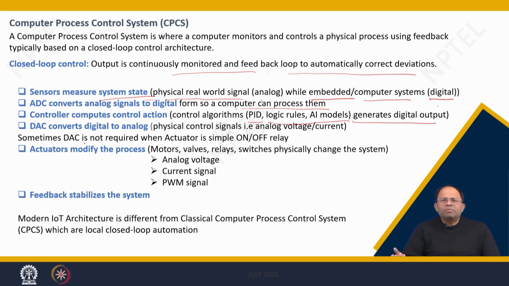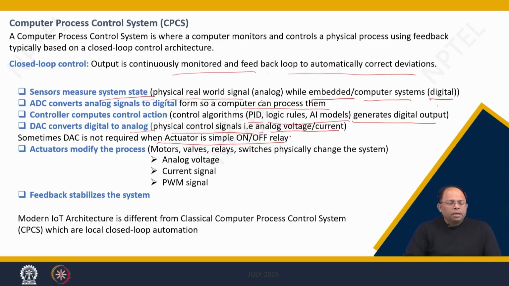But if there is a fan or some motor and we want to control it, in some cases we have to send an analog signal like a change of voltage. So, DAC converts digital to analog physical control signals, that is analog voltage or current, and sometimes DAC is not required, when the actuator is a simple on off relay or something which can accept a digital signal.